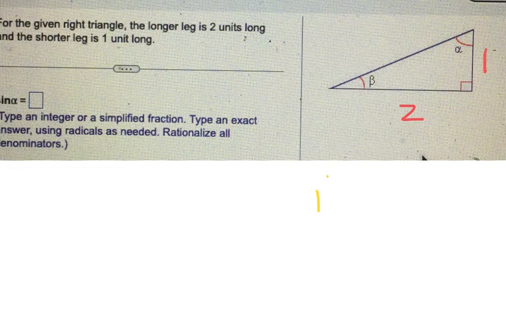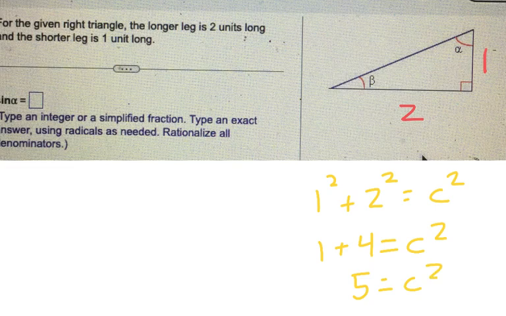So one leg squared plus the other leg squared equals the hypotenuse squared. This would be 1 plus 4 is c squared, so 5 is c squared. When I take the square root of that, I get c is equal to the square root of 5. So I know that my hypotenuse there is radical 5.